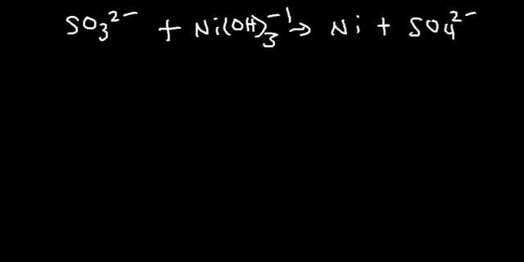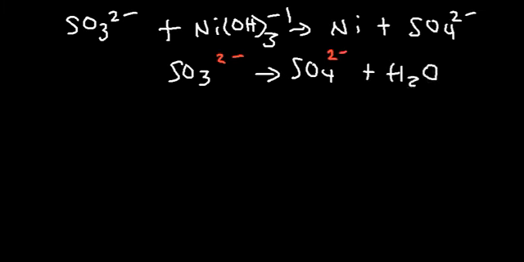So let's start with sulfite. Sulfite converted into sulfate. So we need to add water to the side that has more oxygen atoms. So we're going to add an H2O molecule on the right side. Now the question is, how many H2O molecules should we have?